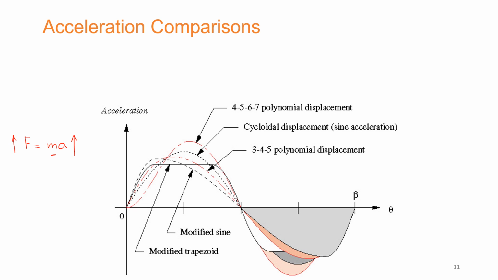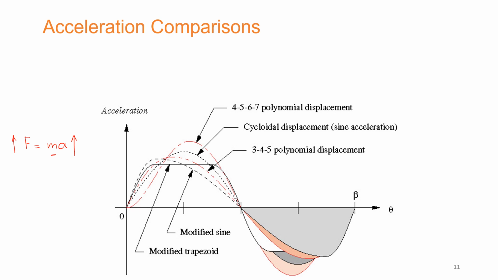So in this continuation, the ideal scenario would be to find a motion profile which does not give you higher accelerations. So in this particular context, see what is happening over here and find out what is the profile for which the acceleration is lowest.